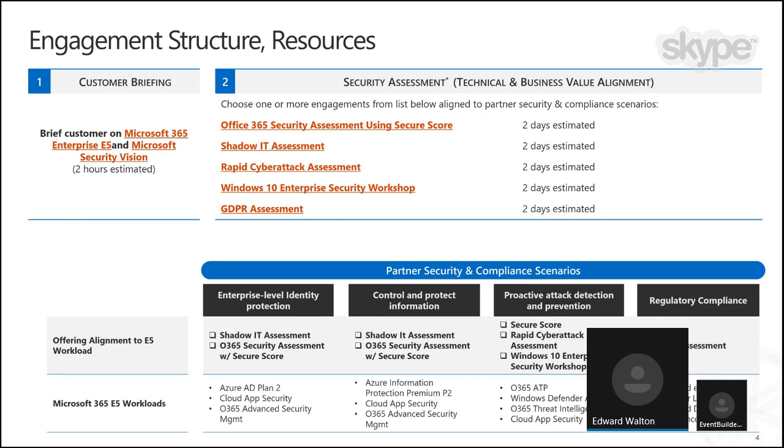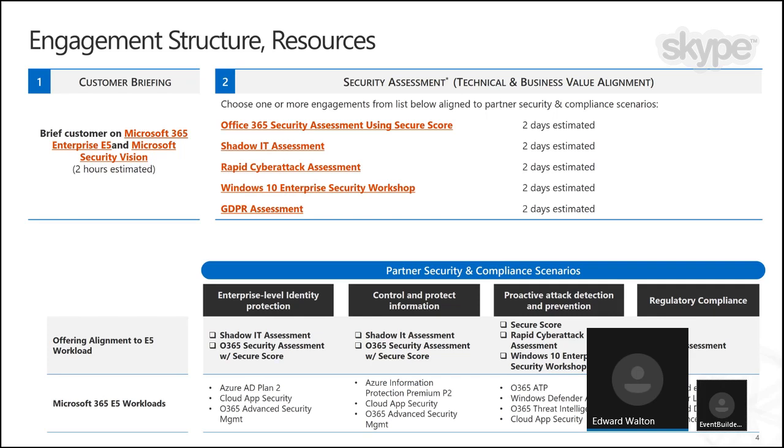So this blog talks about how to take advantage of the assessments highlighted here, which are the Office 365 Security Assessment using Secure Score, Shadow IT Assessment, the Rapid Cyber Attack Assessment, Windows 10 Enterprise Security Workshop, as well as the GDPR Assessment.